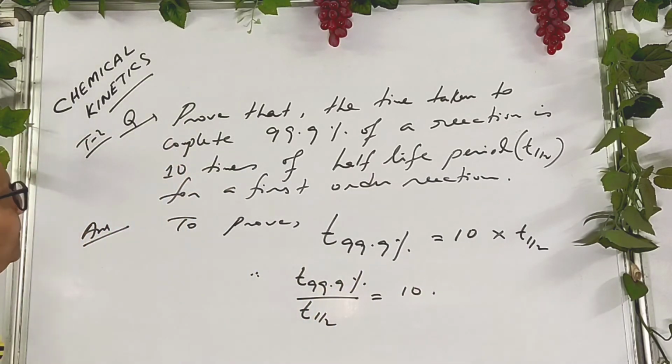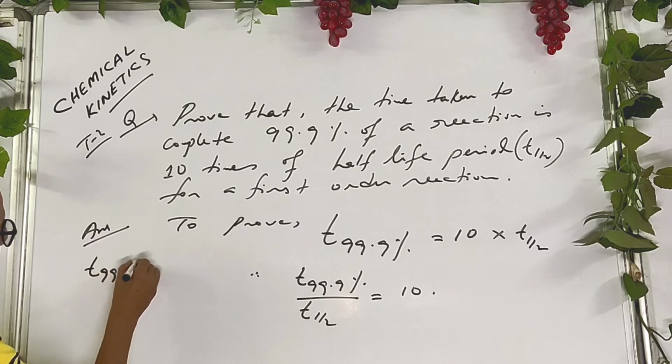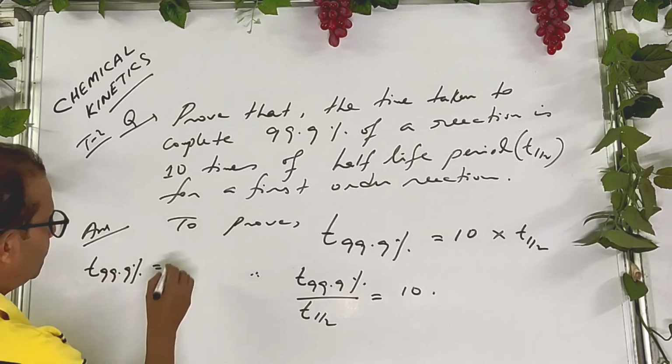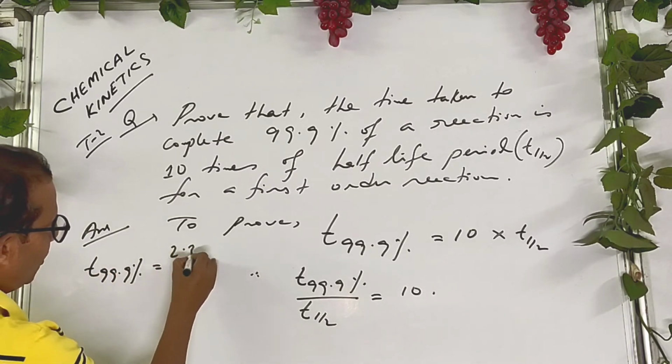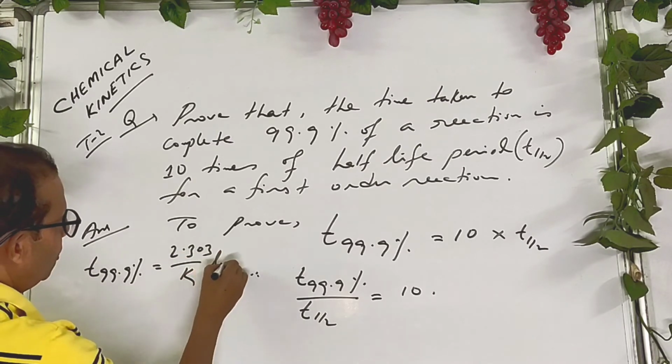See the answer. Time taken to complete 99.9% equals, apply the formula, 2.303 by K, log.